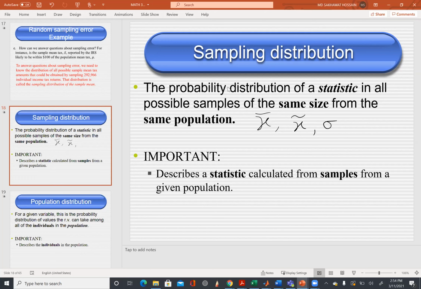Then for a sample, can we use sigma square for the variance?